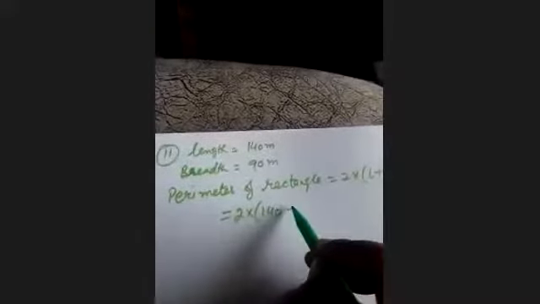Length is 140 meter and width is 90 meter. Now perimeter of rectangle is 2 multiply length plus width, so 2 multiply 140 plus 90.